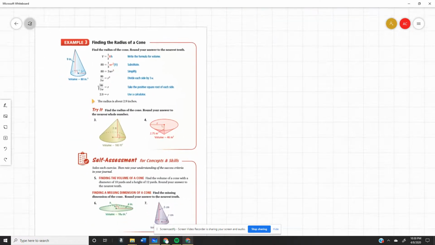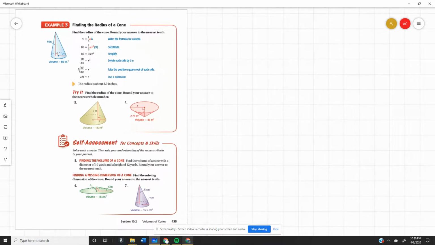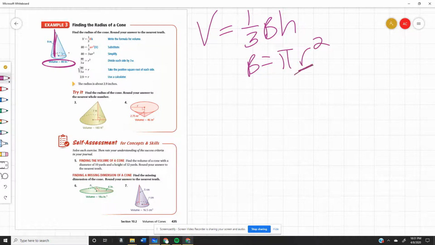Moving on to example 3. Here it wants us to find the radius of the cone. So here you're going to notice that they're giving me my height and they're giving me my volume, but I have to find the radius, okay? So again, volume equals 1/3 base times height. Instead of base, we're using pi r squared because this time we have to find our r.